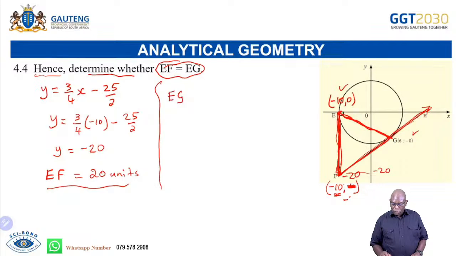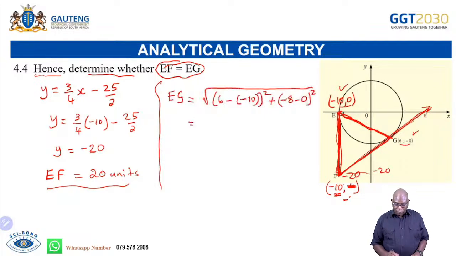So the length of EG will be the square root of, now I can use the distance formula for that. No problem, I've got all the points here. So I'll go 6 minus negative 10 all squared plus negative 8 minus 0 squared. Right. So therefore, I can immediately use a calculator there.